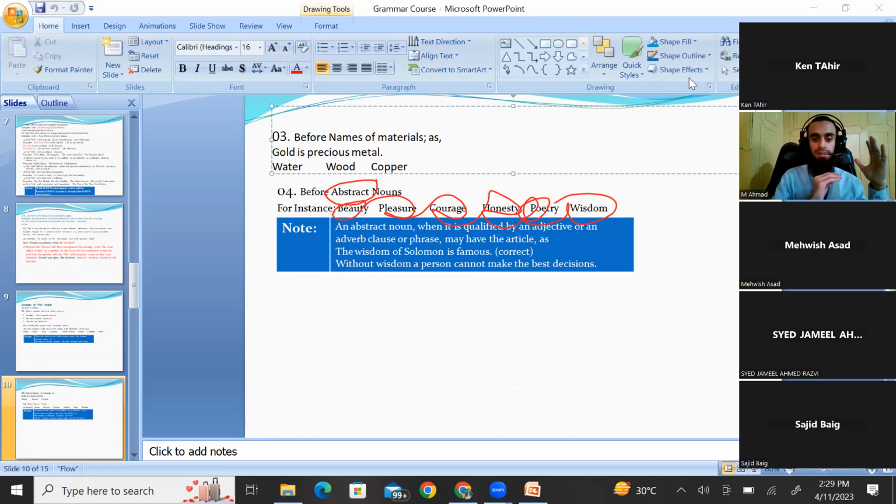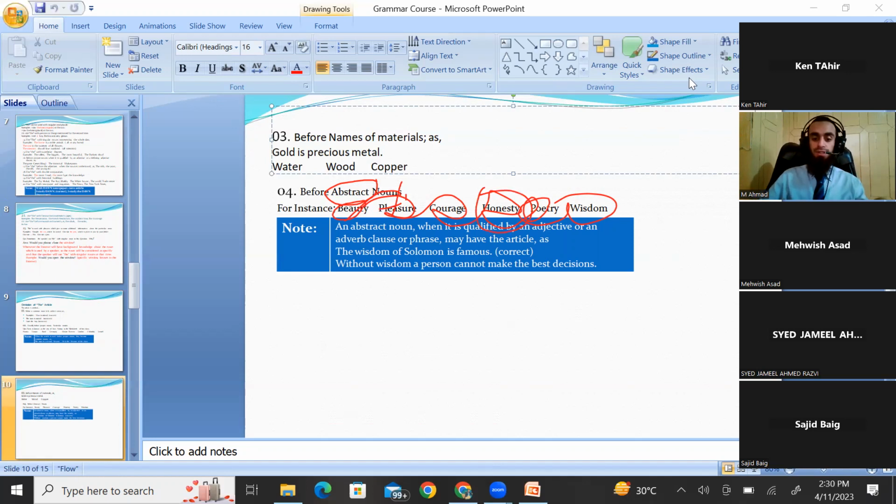In this sentence, it is right. But if you say it reflects the beauty, then it is not right. The same goes for pleasure. It is my pleasure. If you help someone and he says thank you, you can say it is my pleasure, not it is my the pleasure. It is the pleasure of mine. Honesty is the best policy, or this is his honesty.